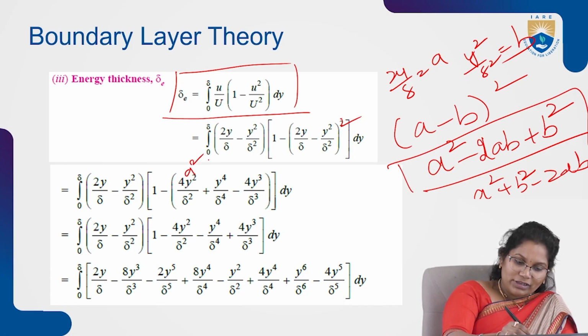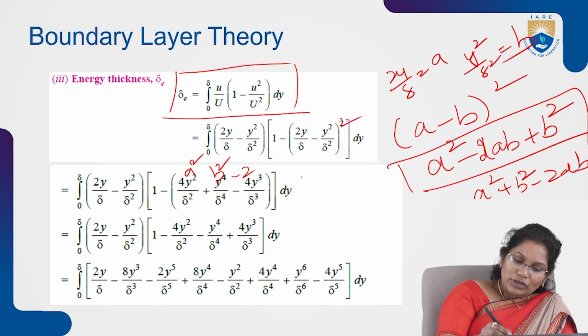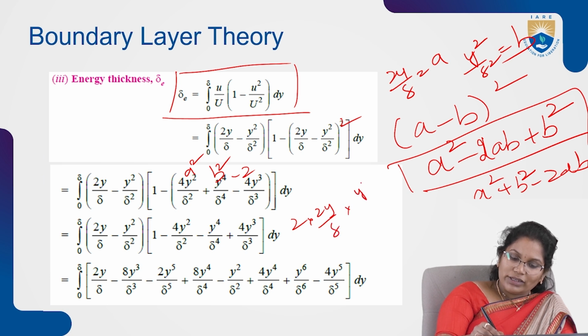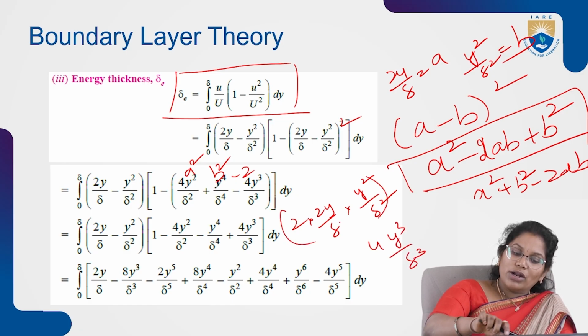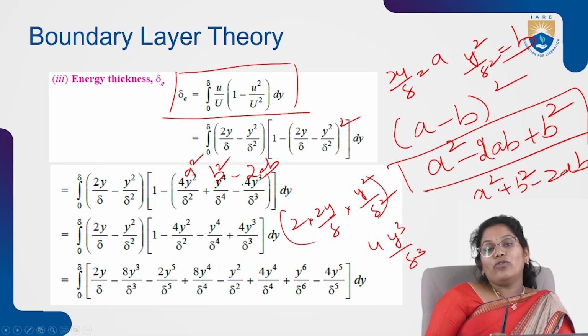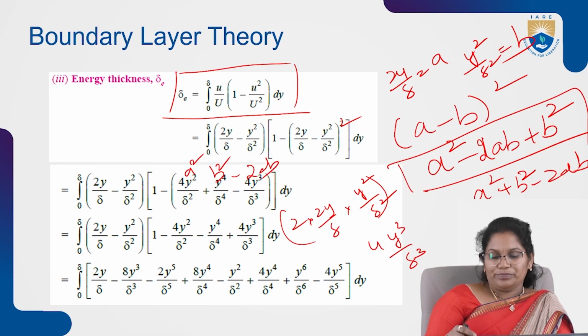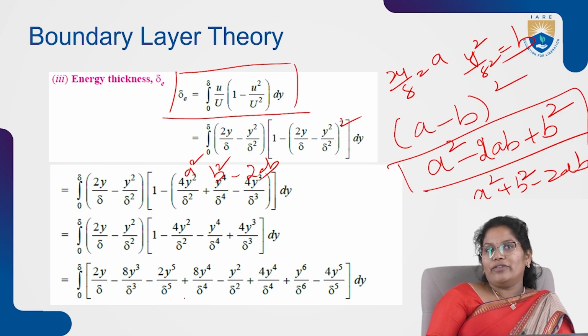This is a square plus b square, minus 2ab. 2ab is what? 2 into 2y by delta into y square by delta square. So 2ab is 4y cube by delta cube, into dy.